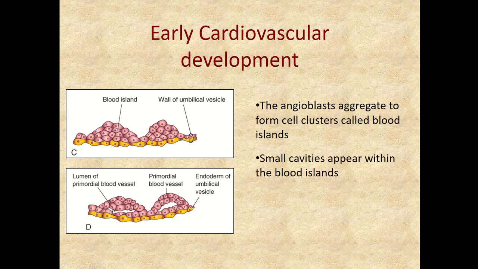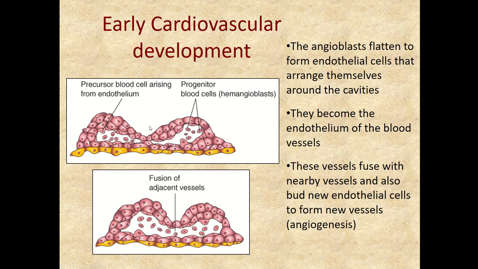So here you can see these cavities that are forming, and these cells are changing their arrangement and shape to be on the outside of the cavity. Some of the angioblasts will flatten and become specialized cells called endothelial cells. And here you can see those cells.